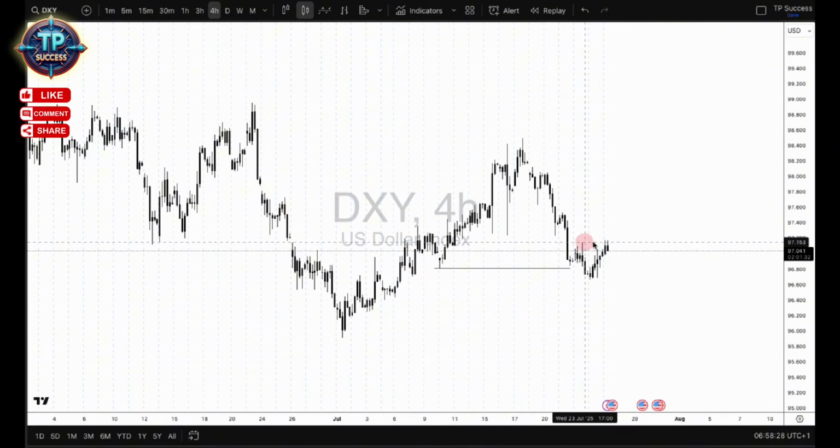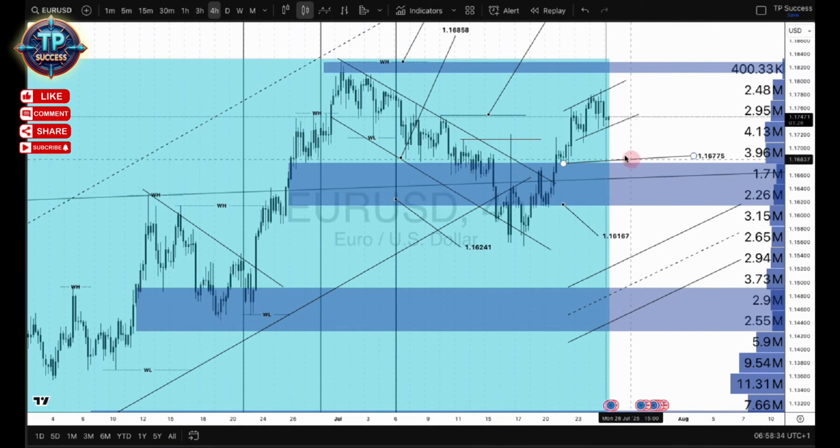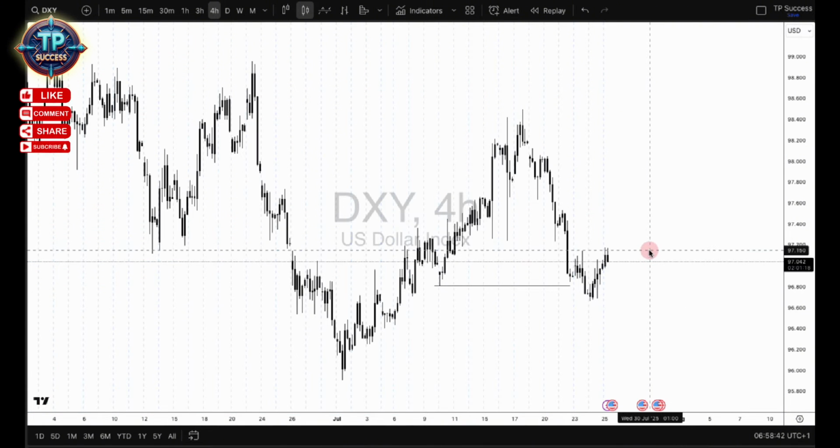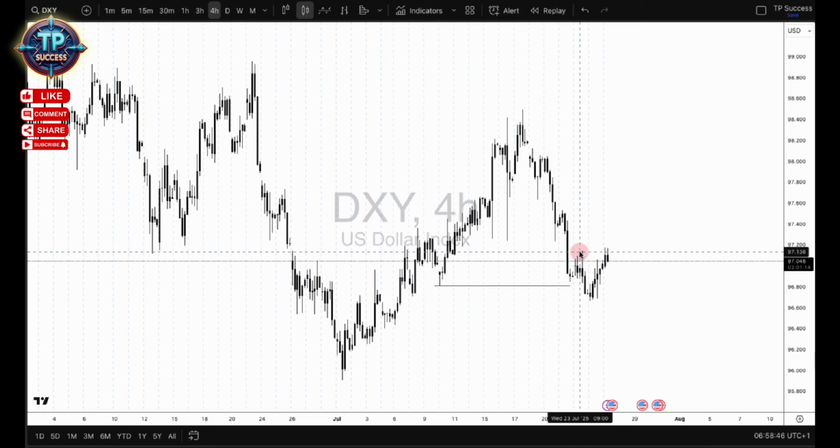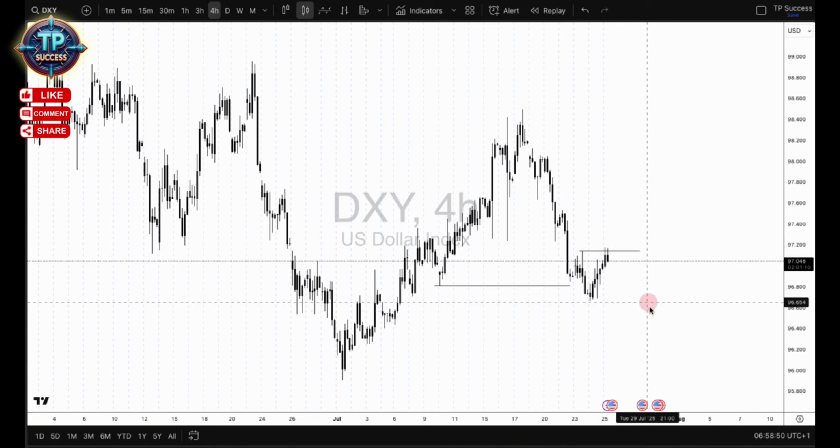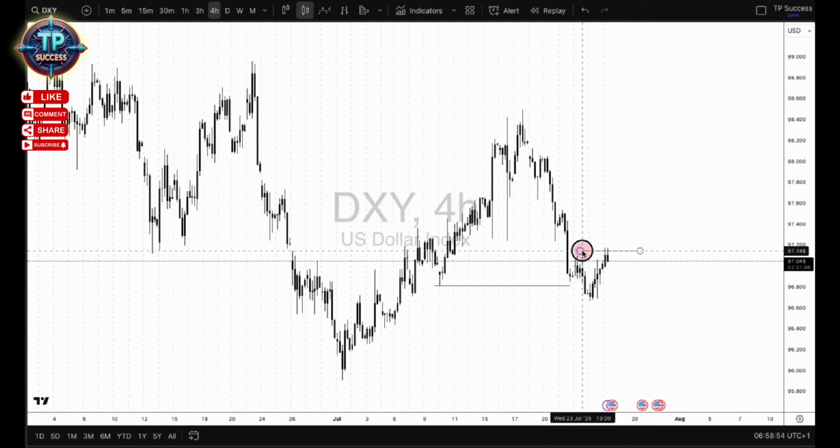So what I'm doing now is I'm taking the most recent swing high of the Dixie. I'm going to go to the Euro, and I'm going to go to the most recent swing low. So this is what you can do on your own personal charts on the 1 hour. You want to mark out this area on the Dixie, and the area that I'm talking about is this high point right here.